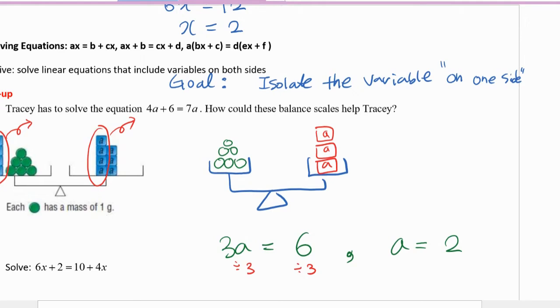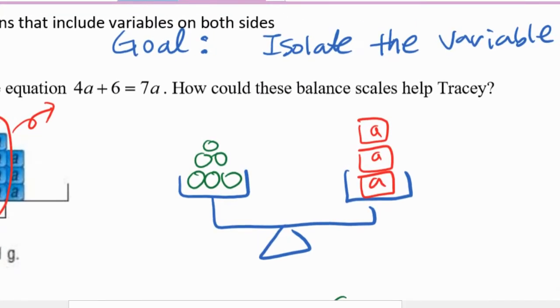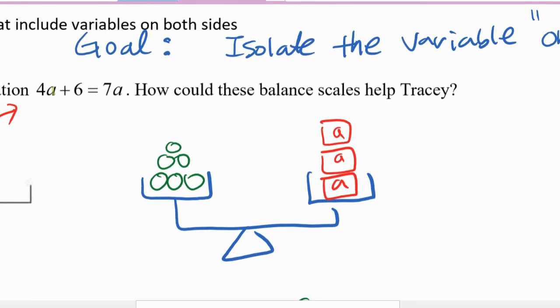So this is our final goal all the time when you solve equations, okay? So we want to isolate the variable on one side, but we have the variables on both sides. In that case, we have to get rid of one of the variables to keep it on one side.